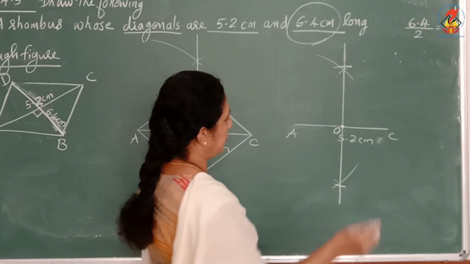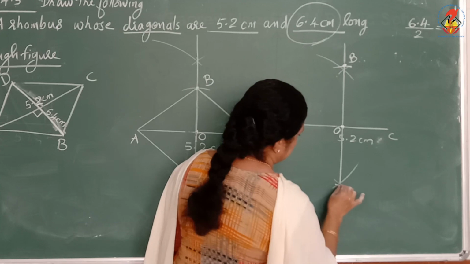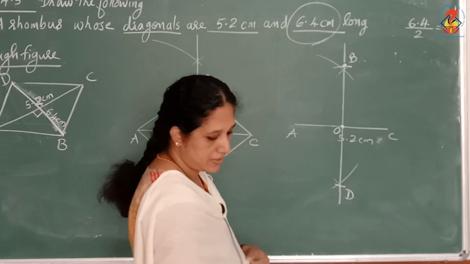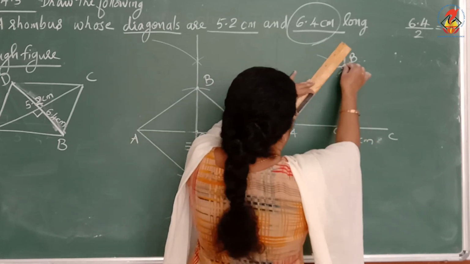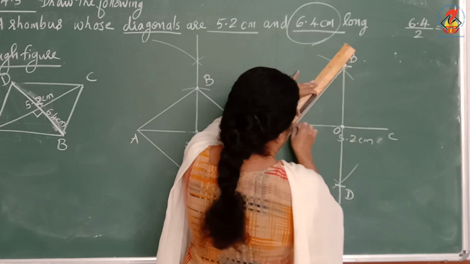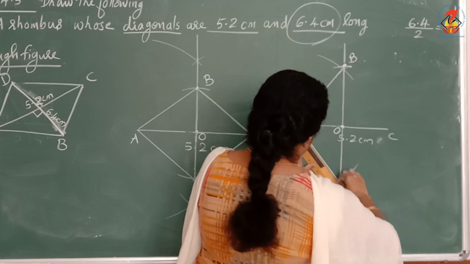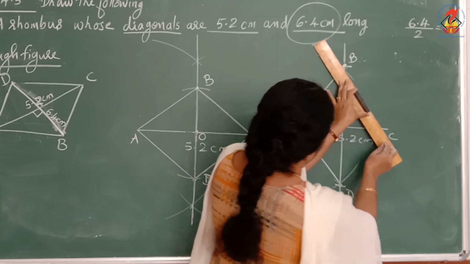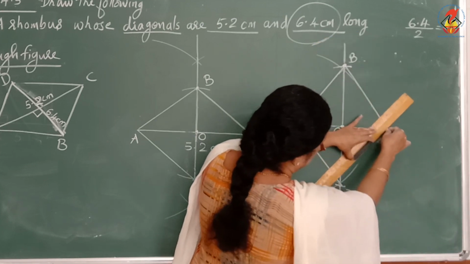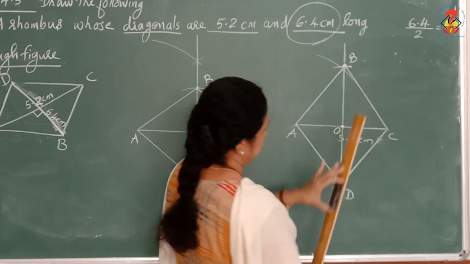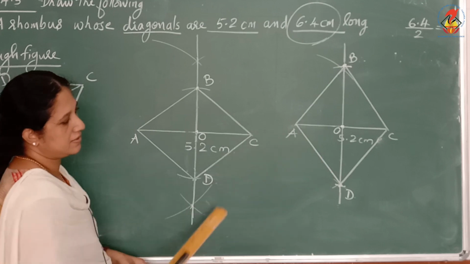Then mark the points as B and D. Then join A and B, A and D, then B and C, and C and D. Then we will get the rhombus ABCD.